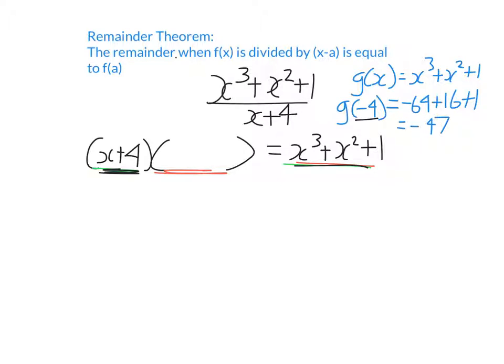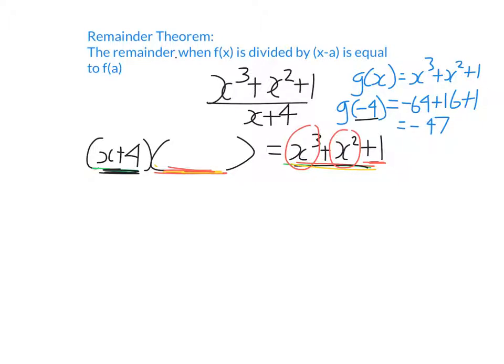So what am I going to do then? Well, instead of finding a polynomial that can multiply by x plus 4 exactly to get this, I can find a polynomial to put here so that when I expand them, all the terms with x's are correct, but this number at the end might be a little different.